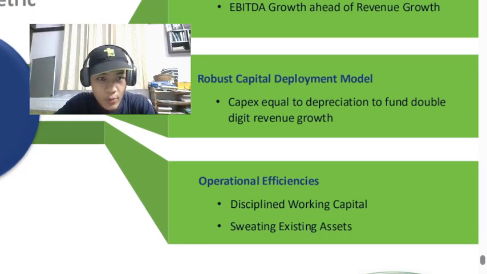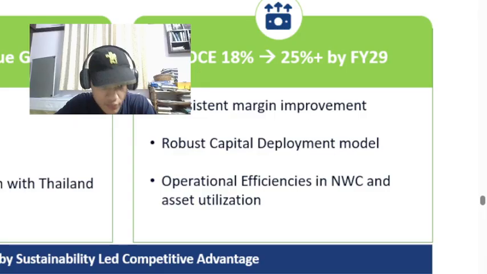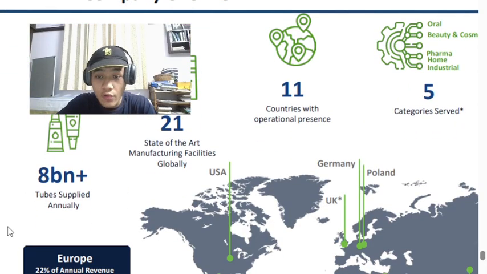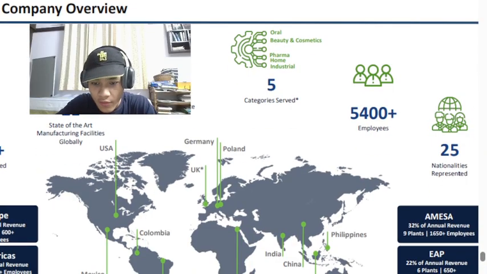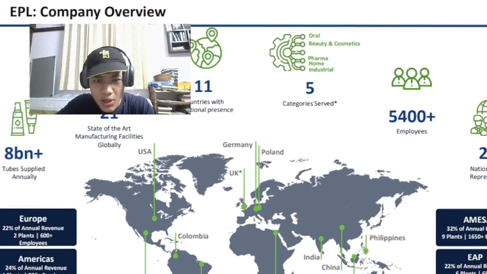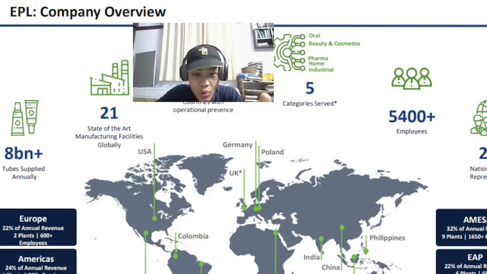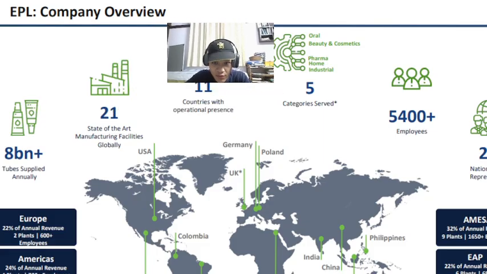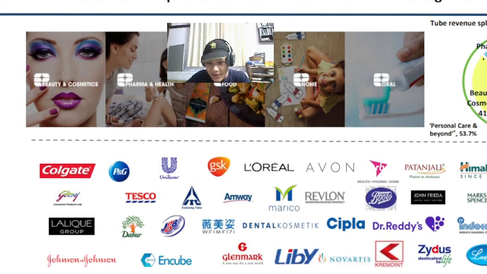And finally, we have, I believe, a last overview of the company. Of course, you already saw this: diversified revenue base, global company, billions of tubes manufactured, 21 of their own manufacturing facilities, and a big player. And finally, let's look at some of their customers.